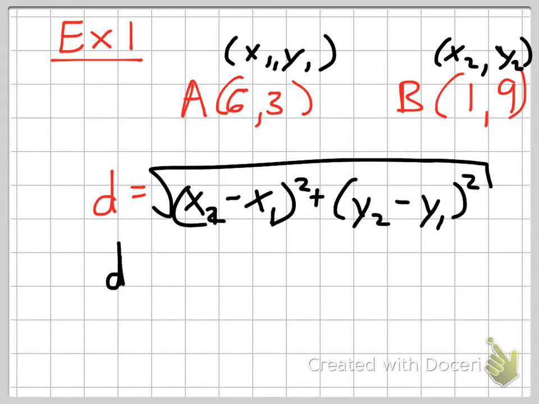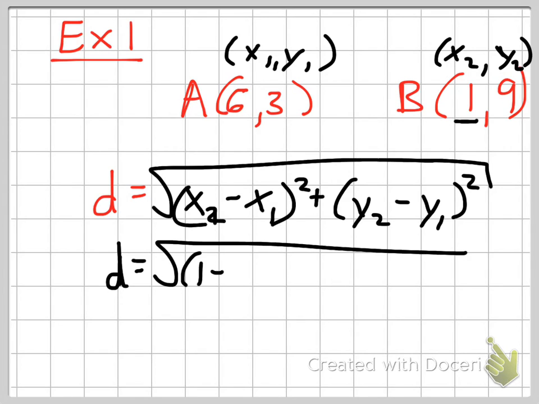So we're going to plug in here. Distance equals the square root of x2 is 1, x1 is 6, so 1 minus 6, in parentheses squared, plus y2 is 9, minus y1 is 3 squared.